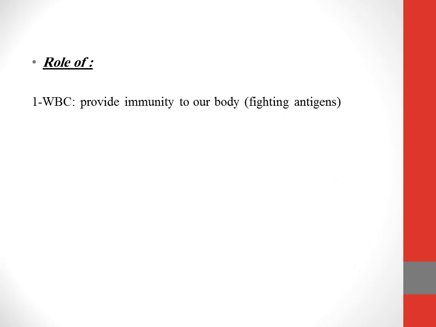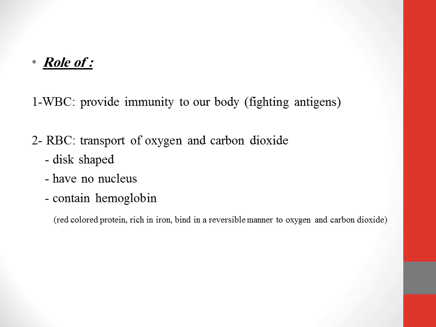Let's make a review about the role of the different blood cells. The white blood cells play an important role in providing immunity to our body, that is, in fighting antigens. The red blood cells play an important role in the transport of oxygen and carbon dioxide. These red blood cells are disc-shaped, they have no nucleus, and they contain hemoglobin. What is hemoglobin?